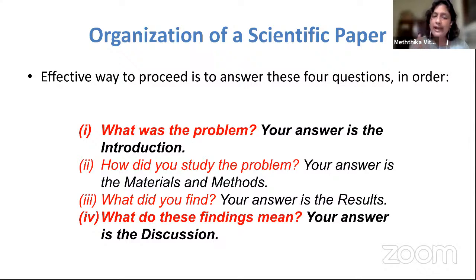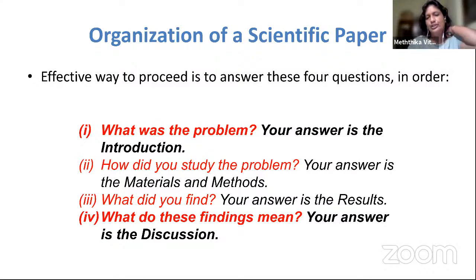What those findings mean is the most important part of your scientific paper, the discussion. Most of the time, students just report their data. They say, I have got this much data from this experiment, the mean was this, minimum is this, maximum was this, and that's it.